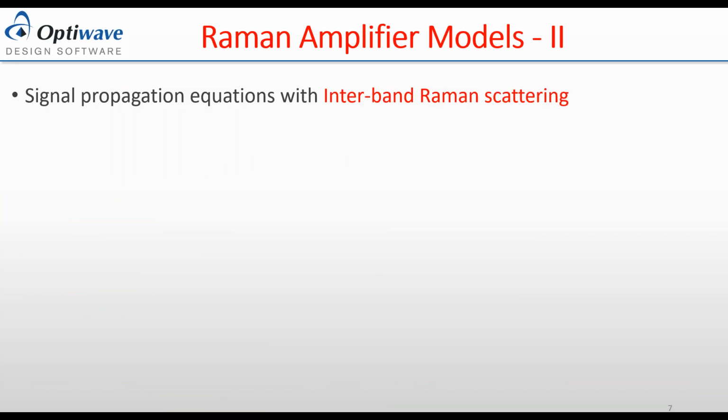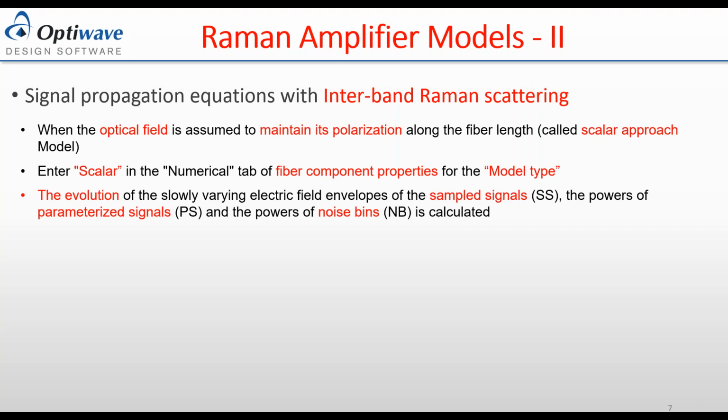In OptiSystem, we look into two types of models. One model is called the interband Raman scattering model, and it is used for signals or optical fields where the polarization is maintained along the fiber length.